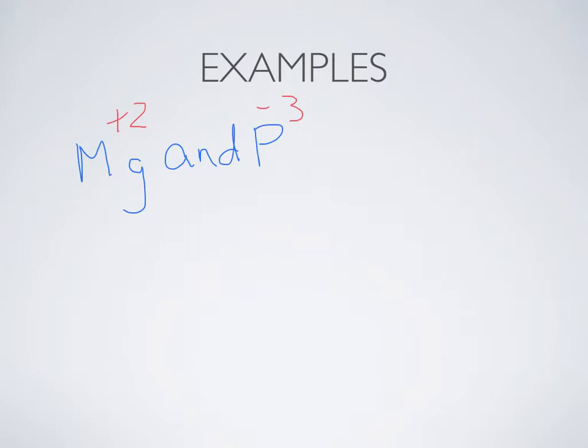I can't make a charge of 2, I can't make a charge of 3, but I can make a total overall charge of +6 and -6. 2 times 3, 2 times 3. So, how many magnesiums do I need to make +6? Well, I need 3. If I multiply those two numbers together, I should get +6.